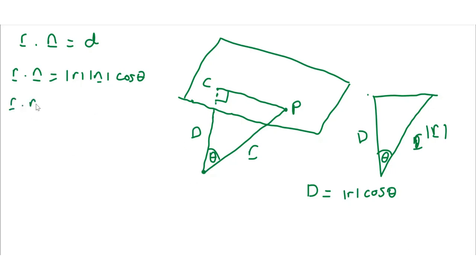So r dot n is equal to the modulus of the normal vector multiplied by capital D. And all we do is we call this d, mod n times capital D, which is the shortest distance onto the plane. And then we get our scalar equation, scalar dot product equation of a plane.